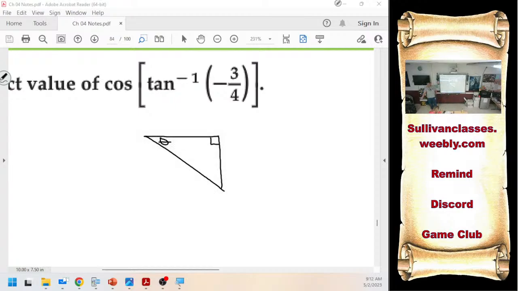Additionally, they just gave me opposite and adjacent. So I know I've got a 3, I know I've got a 4. Which of them gets the negative? I'm in quadrant 4, which is down. So there we go.